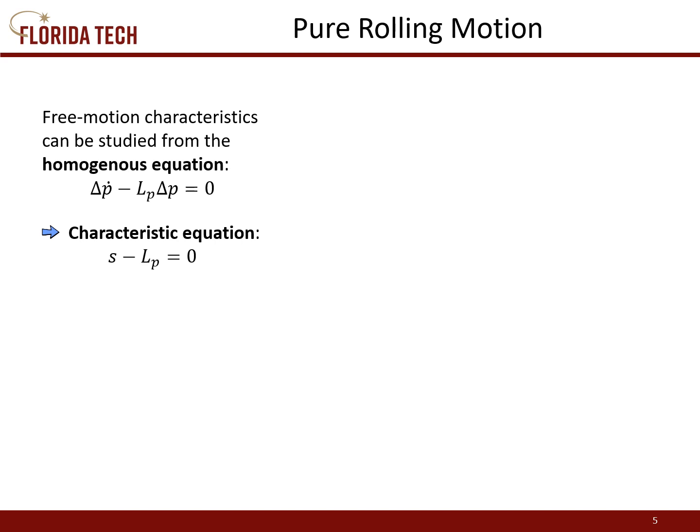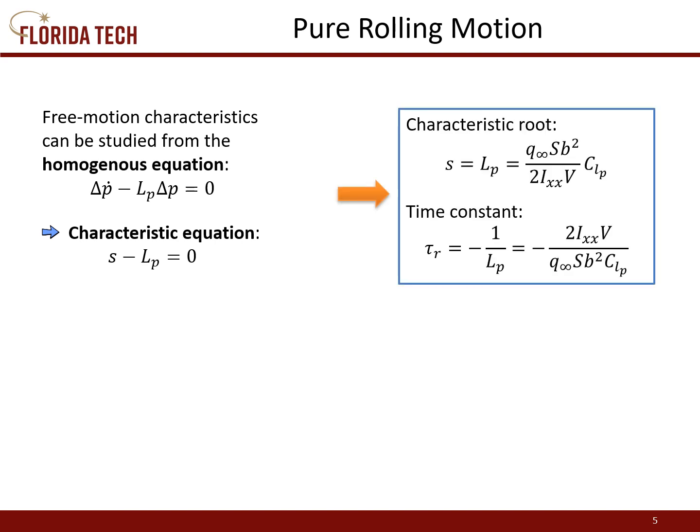When we're looking for free motion characteristics, we only have to look at the homogeneous equation, so we can ignore the right-hand side for now. And we see it simplifies when we go over to Laplace to S minus LP equals 0. So we can solve for S to get our characteristic roots, in this case 1, and there it is.